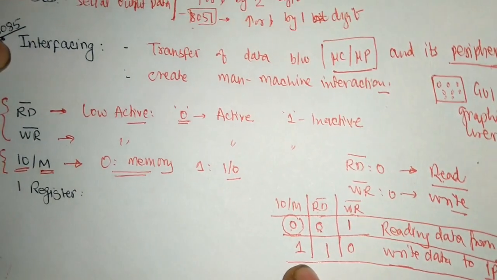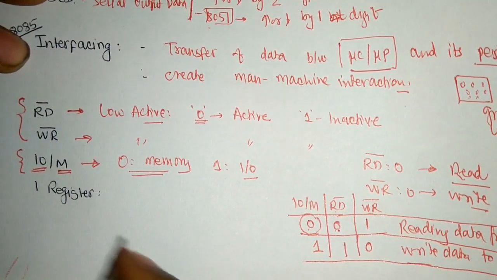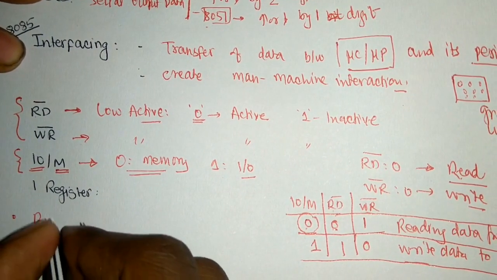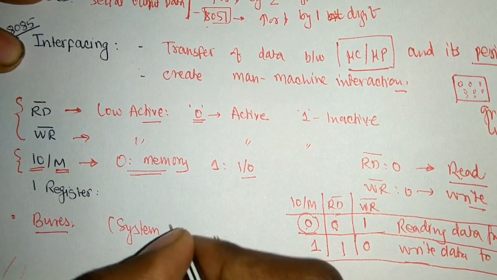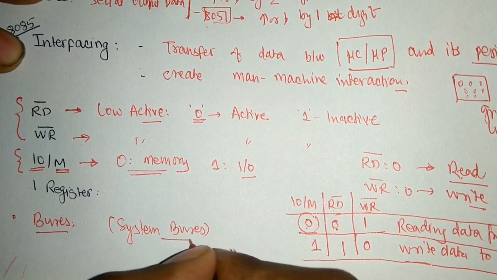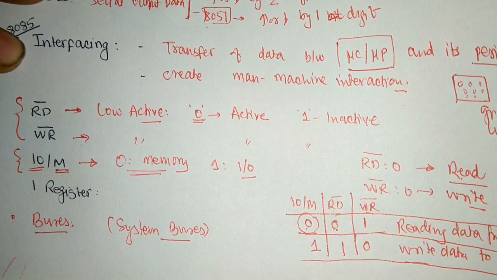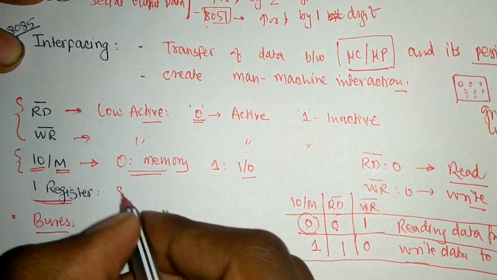Other than that, we had the buses also, the 3 system buses that we call them: our address bus, our data bus, and our control bus, right? These buses are also used for interfacing with our systems. Then one register is usually equal to 8 bits.